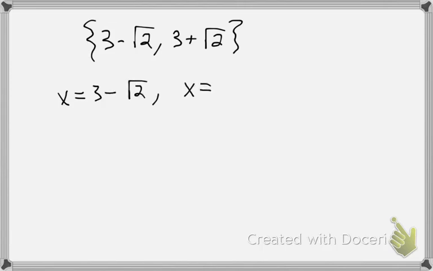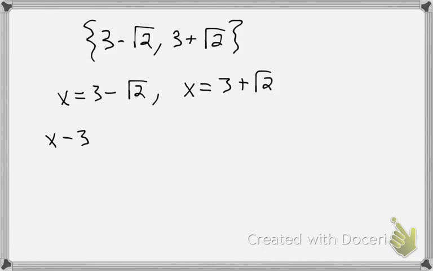What if I give you 3 minus square root of 2, 3 plus square root of 2 as my solutions? So those are x's. So I would now need to move both terms, right?